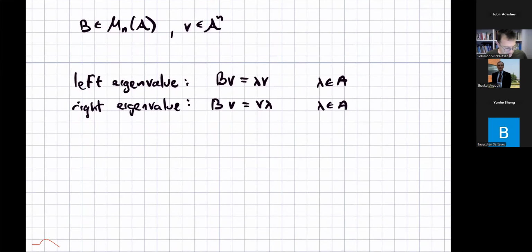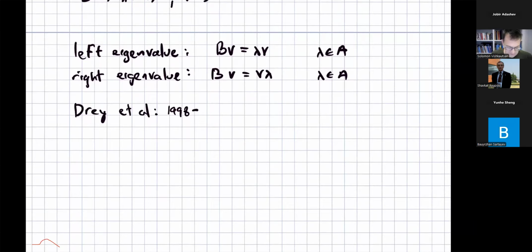So what is known already? Not much. Tevian Dray and others have a sequence of papers starting from the late 90s, 1998 or so, going forward to the early 2000s, where they classify eigenvalues of Hermitian Octonion matrices, 2 by 2 and 3 by 3 Hermitian Octonion matrices.